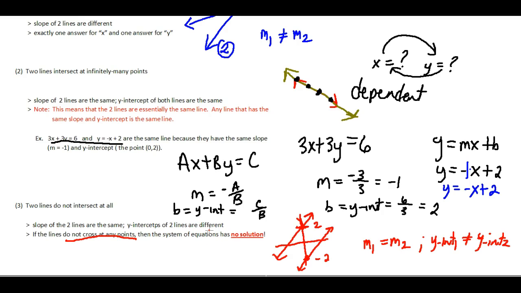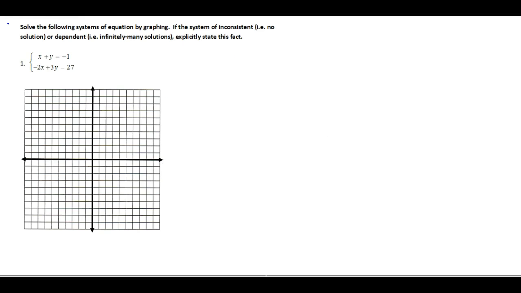Okay? So now what we're going to do is actually get into some examples of systems of linear equations and how to go about solving. Okay, so now we have our first example, and we have a system of linear equations where both equations are in standard form, and what we want to do is graph them.